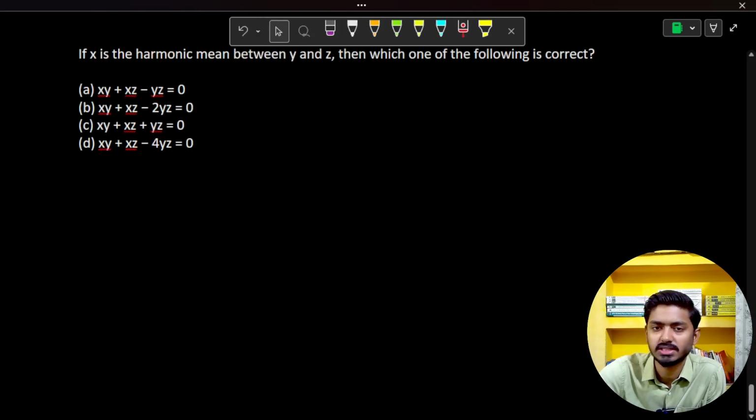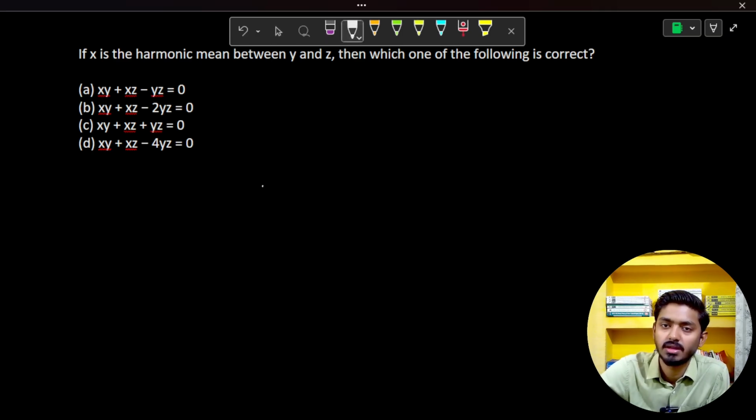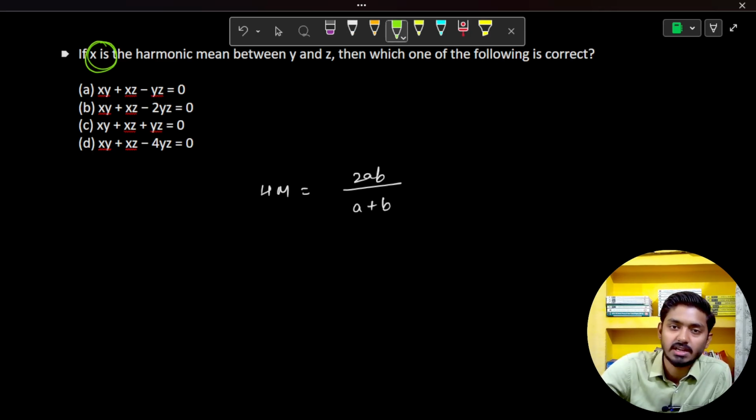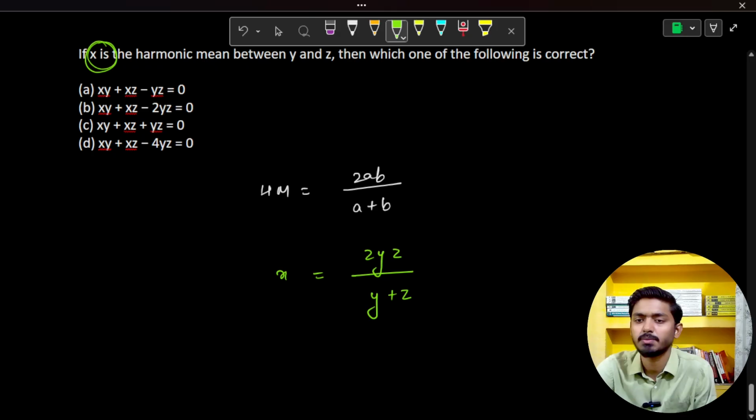Last question I'd say. It says X is the harmonic mean between Y and Z. We know the formula for harmonic mean is 2AB by (A plus B). Over here X is our harmonic mean, and the remaining two numbers are Y and Z. Let's write 2YZ over Y plus Z. We are supposed to find a relation between them.